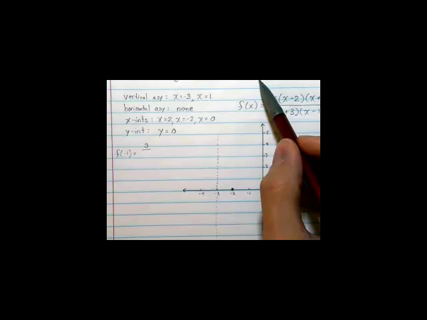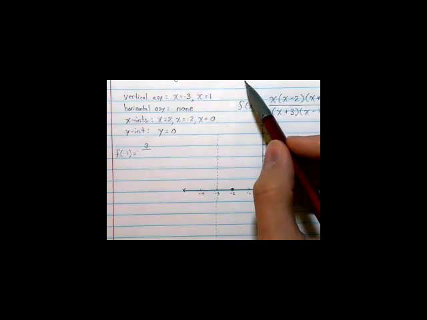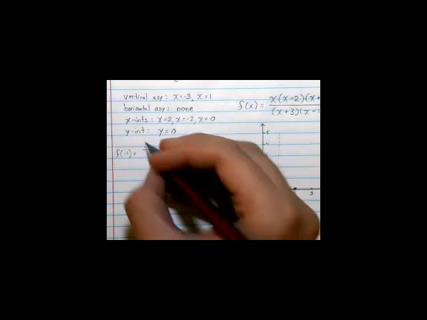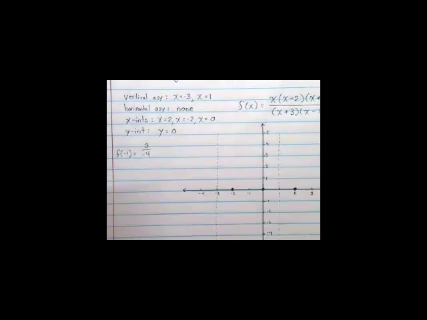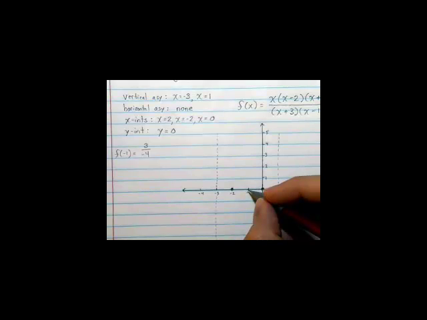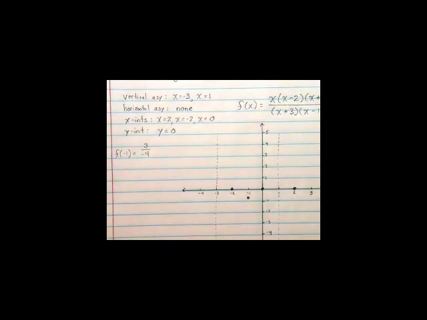It would be -2 minus 3. So 1 minus 2 is -1, minus 3 is -4. So I get 3 over -4. So that tells me that this point is going to be about -3/4. So somewhere like there. So now tell me, does it open up or open down?